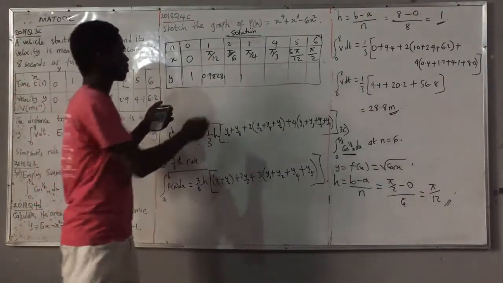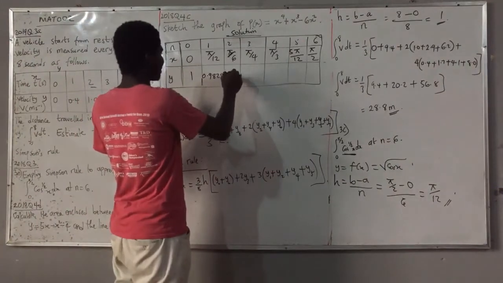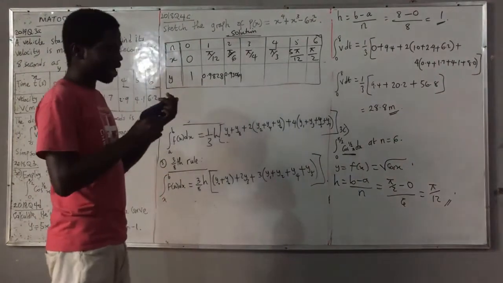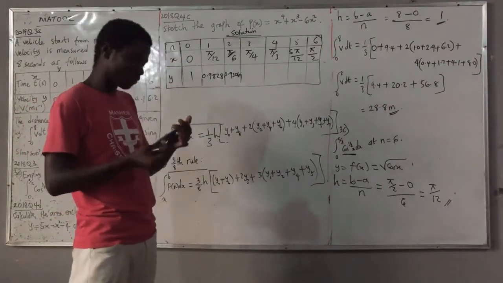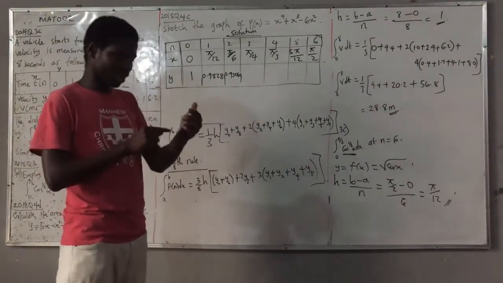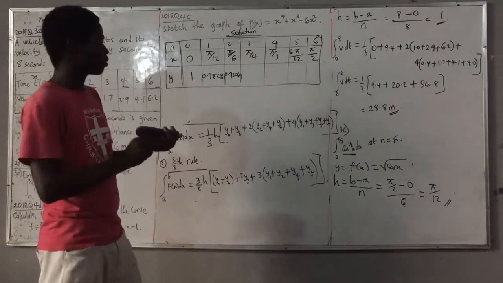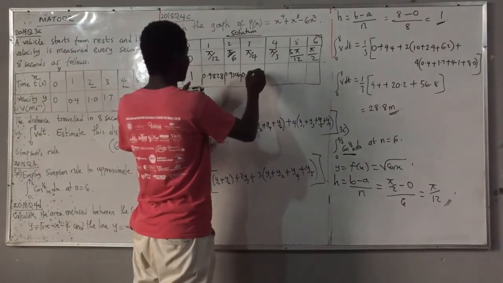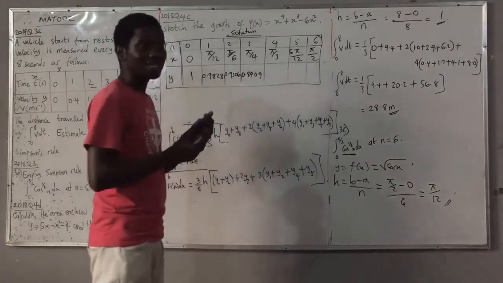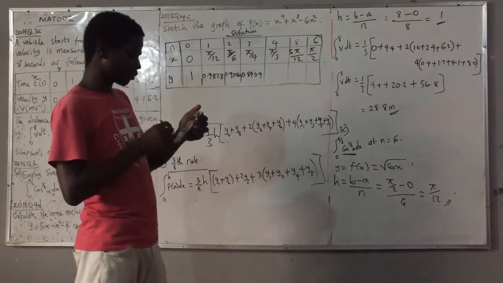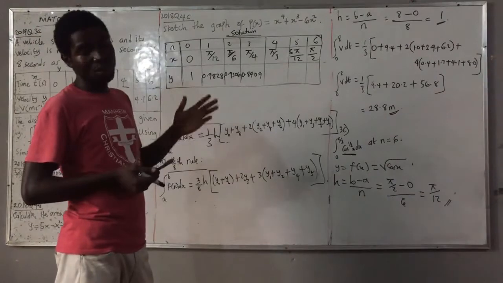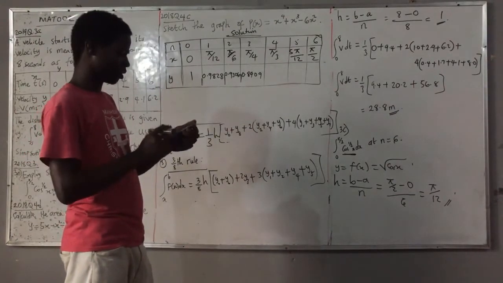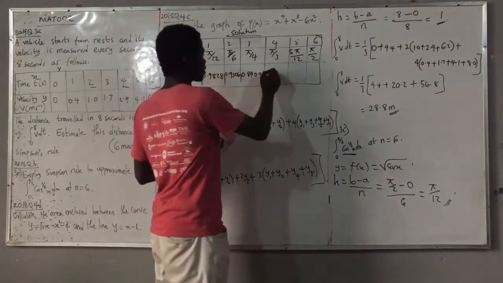You will get 0.9306. Now pi over 4 is 45. Square root of cos 45 is 0.8409. Pi over 3 is 180 divided by 3, which is 60. Square root of cos 60 is 0.7071.